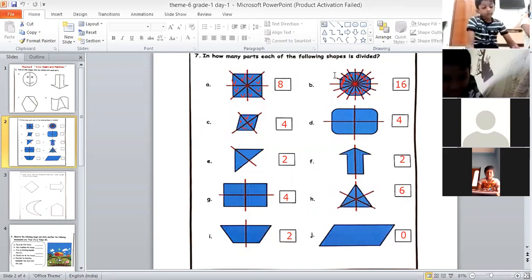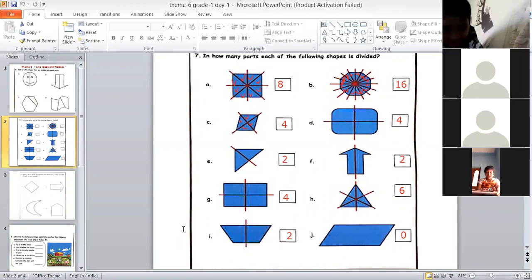Okay, children, I'll give you 30 seconds. Please note down these answers. And if you have already done this, then please check your answers. And remaining children, please take out your ruler, or you can call it scale.